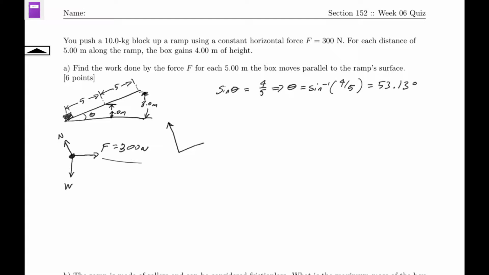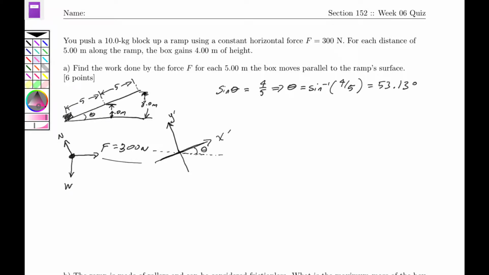I'll differentiate the rotated coordinate system by the use of primes. The positive x prime direction points up the incline, and if I draw this horizontal line, this angle is the same angle as the incline. I want to get projections of the force F onto the x and y prime coordinates.